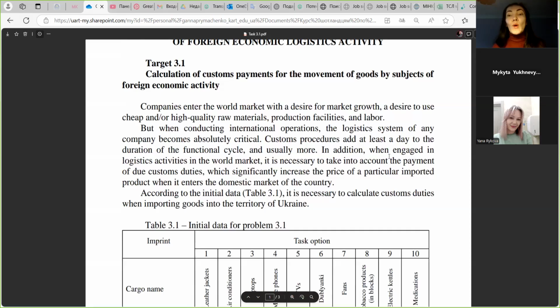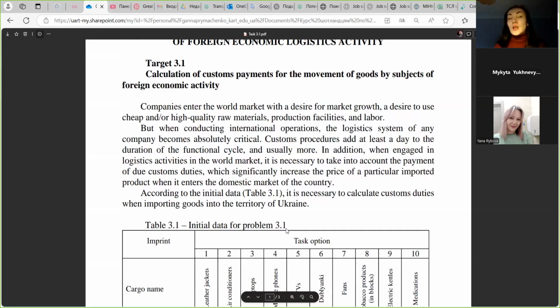In addition, when engaged in logistics activities in the world market, it is necessary to take into account the payment of due customs duties, which significantly increase the price of a particular imported product when it enters the domestic market of the country.